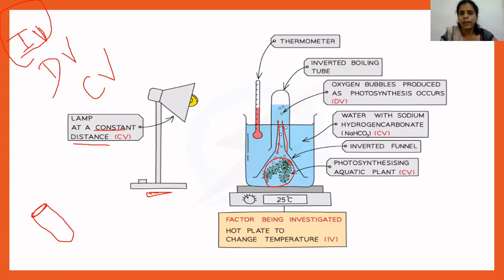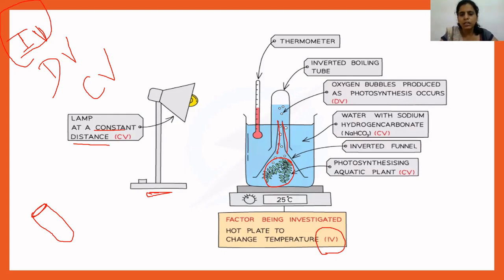Now here we are investigating the effect of temperature on the rate of photosynthesis. So if we look carefully, what is actually controlling the entire process of photosynthesis? The entire process of photosynthesis is controlled by the temperature here. So this temperature becomes your independent variable, because the entire rate of photosynthesis or entire rate of reaction is dependent on temperature.